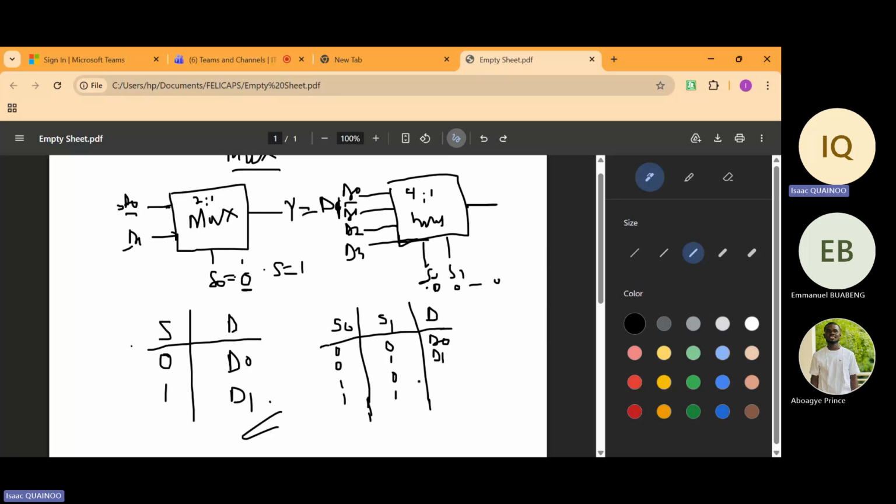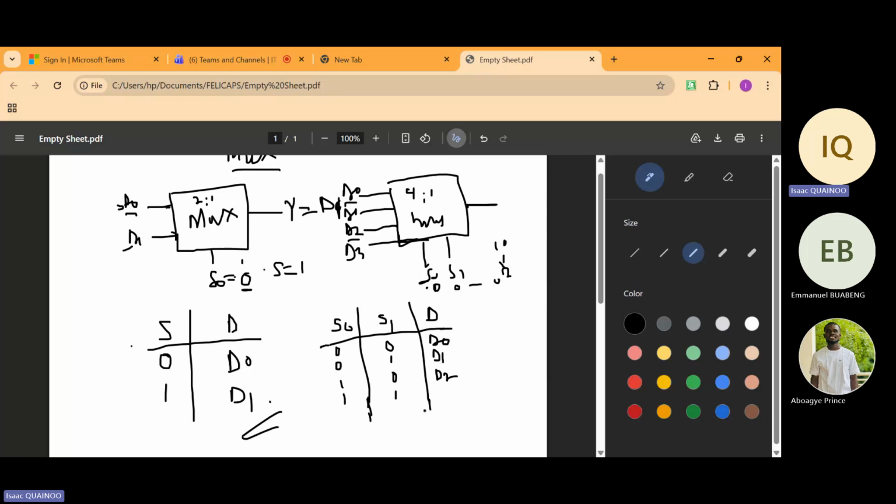And then if we have 1 and 0, what are we going to select? Then we select D2, because if you convert 1 and 0 to decimal, that's just 2. So you select your corresponding data line. And then you have 1 and 1.